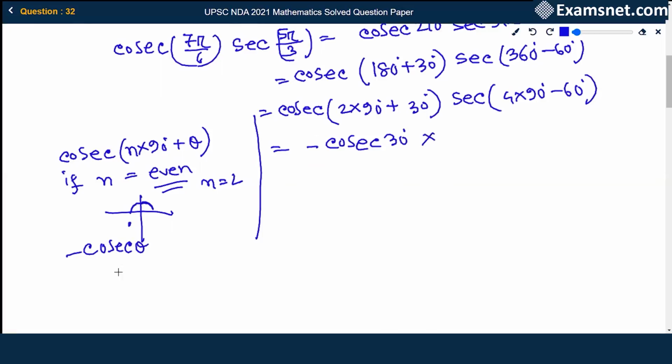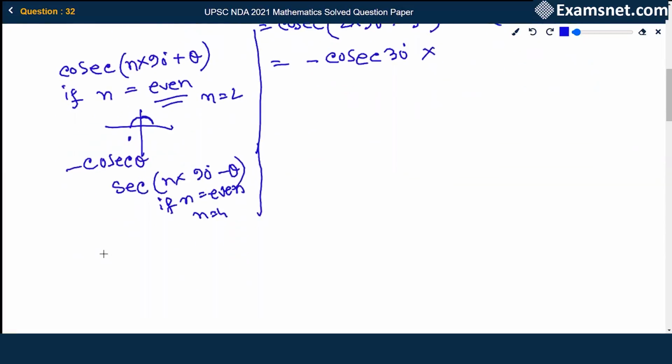And let's check it for sec as well. Sec n multiplied by 90 degree minus theta. If n is even, let's say n equals 4. We need to rotate it 4 times: 1, 2, 3, 4, which means the fourth quadrant.